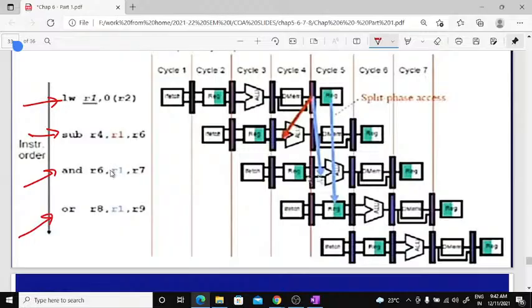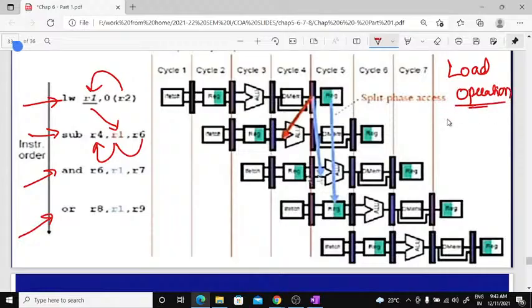Here you can observe the load instruction is loading the R1 register, then the subtraction uses R1 and R6, and stores the result in R4. So the second instruction depends upon the first instruction, as it is using the R1 value.